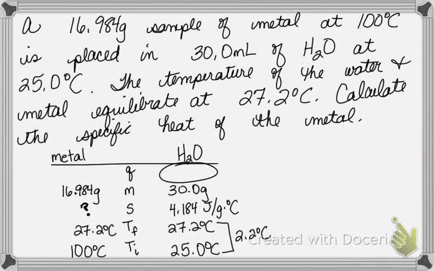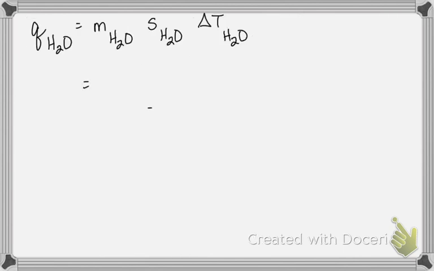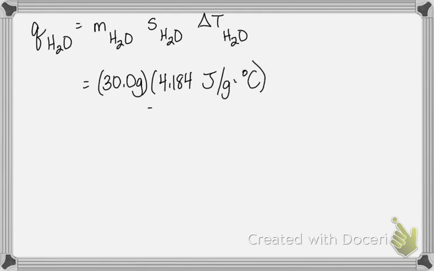The mass of the water is 30 grams. The specific heat of the water is 4.184 joules per gram times degrees Celsius.